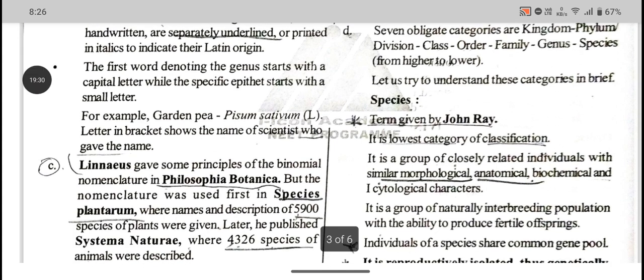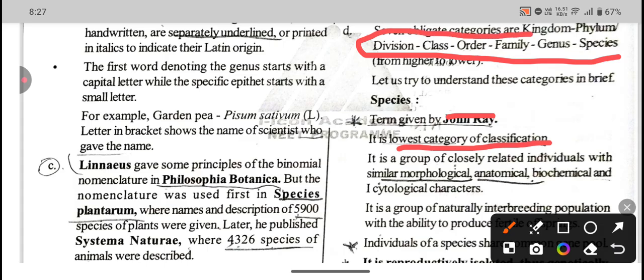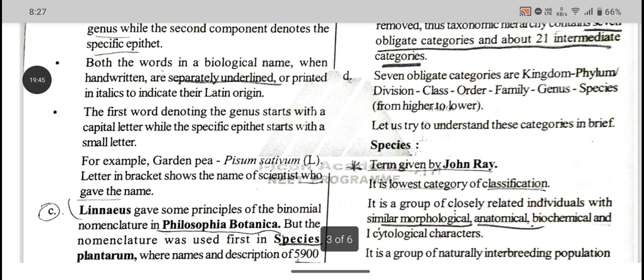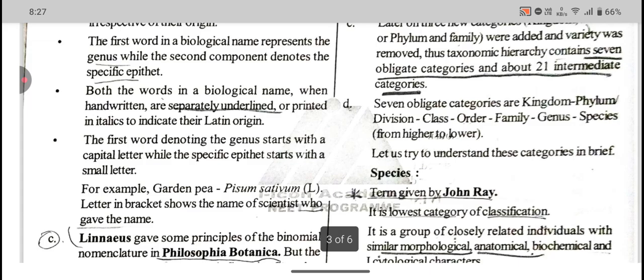Species was a term given by the scientist John Ray. It is the lowest category of classification. Remember this order: kingdom is the highest, the very first category of the 7 obligate categories, and the species comes the lowest.